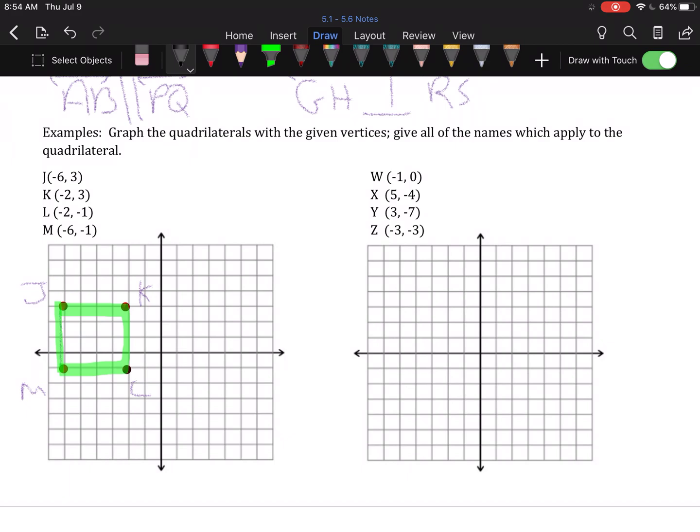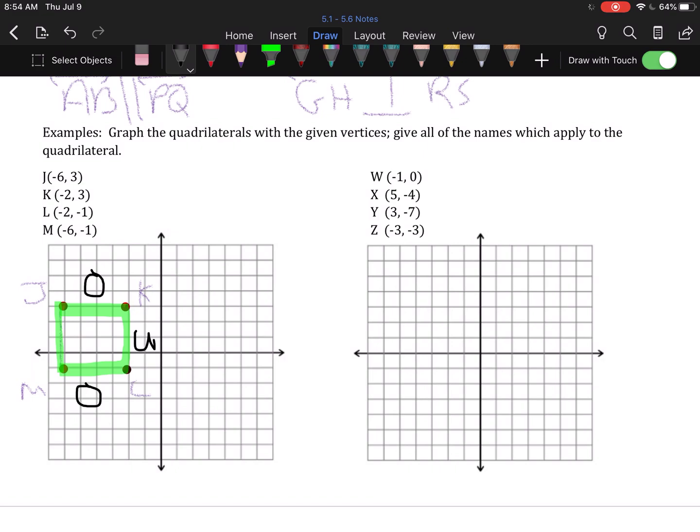The slope of JK is, well, we don't rise, but we run 4. So it's 0 over 4. That's 0. ML is the same thing. We don't rise, but we run, so that's 0. The other two lines are vertical.